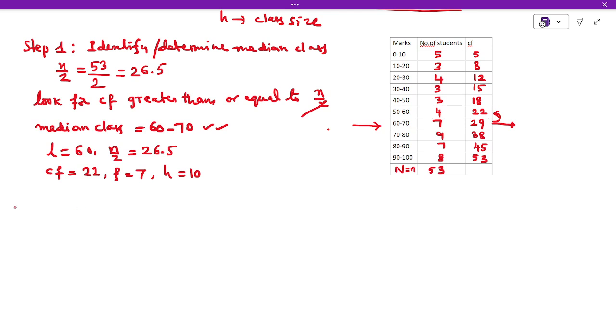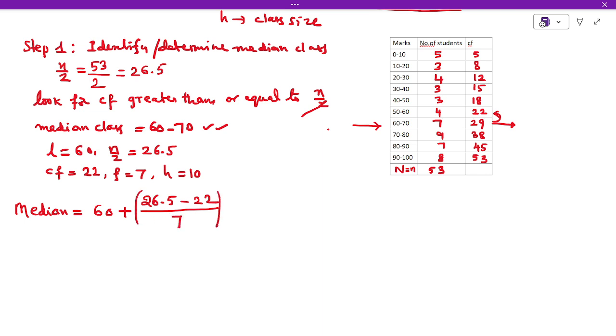So the median is equal to L plus, L is 60, plus n by 2, which is 26.5, minus CF, CF is 22, divided by the frequency, that is 7.